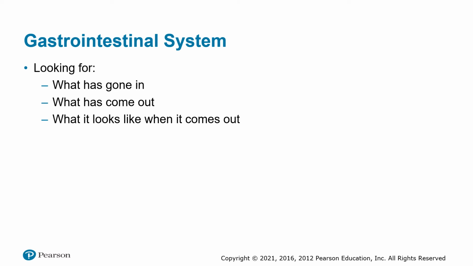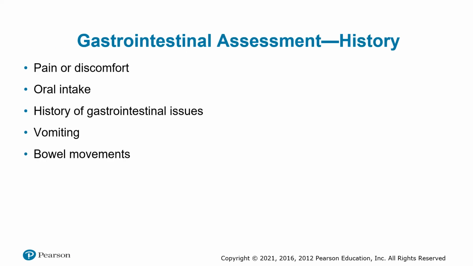GI system, so we're looking for what has gone in, what's come out, and what it looks like when it comes out. History: we're going to look at pain or discomfort, using OPQRST for pain. What was their last oral intake, or what is their oral intake in general.